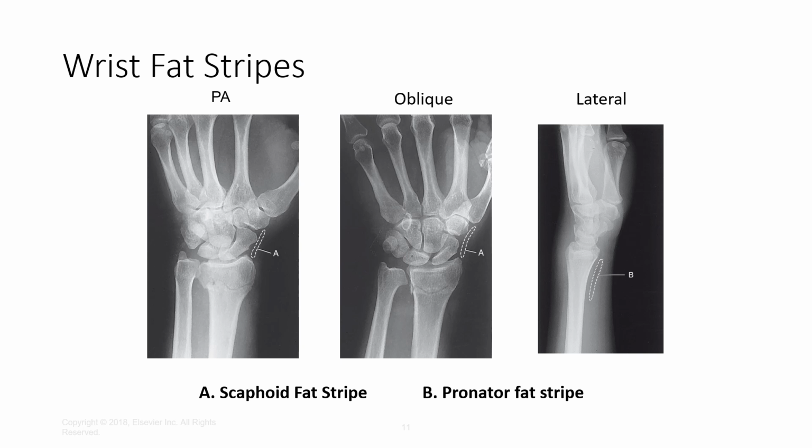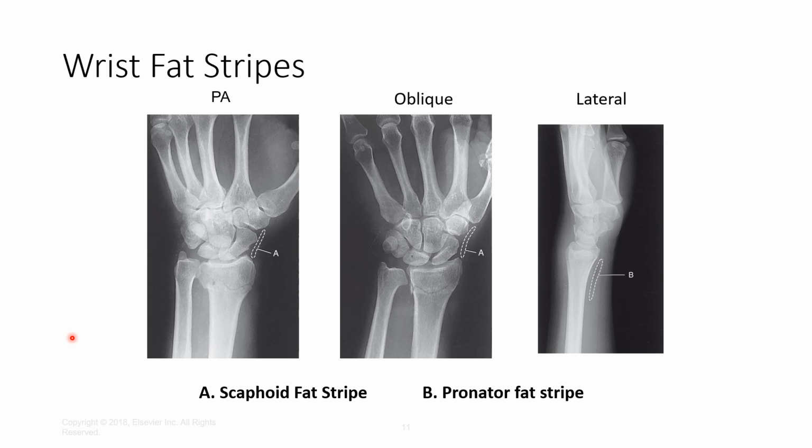The fat stripes on the wrist can be found on page 133, where they talk about the fat pads and the fat stripes. You have the scaphoid fat stripe, which they're showing you right here, and then we also have a pronator fat stripe, which is B. Now the fat stripes in the wrist are typically only seen when they're considered a positive fat stripe sign.